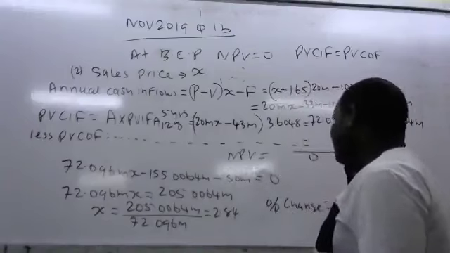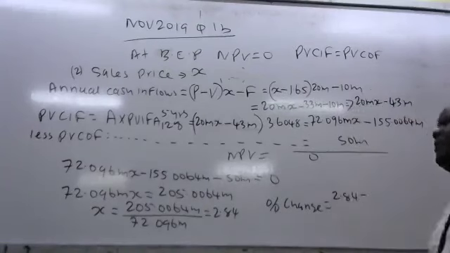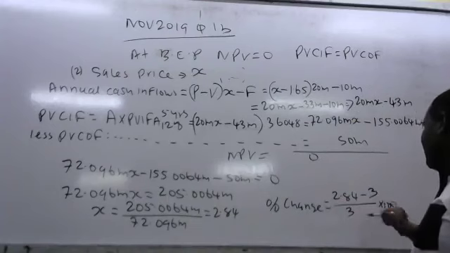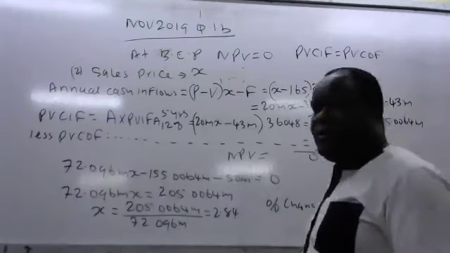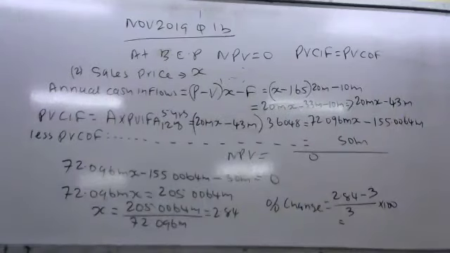It will be what you have calculated as 2.84, but we had been given 3. You also divide by 3, then you express it as a percentage. That is now the decrease in the selling price for you to reject the product.